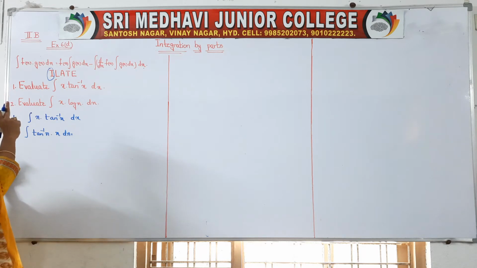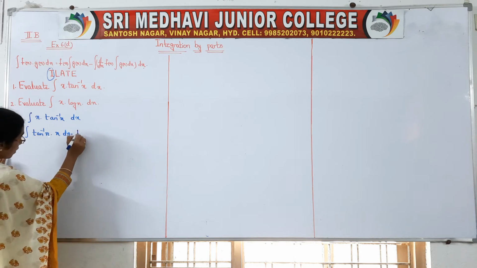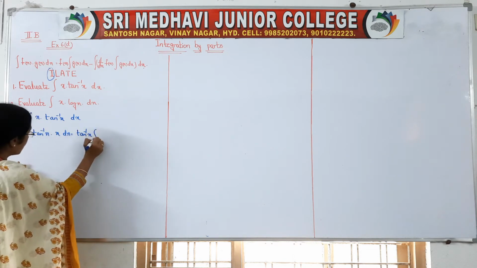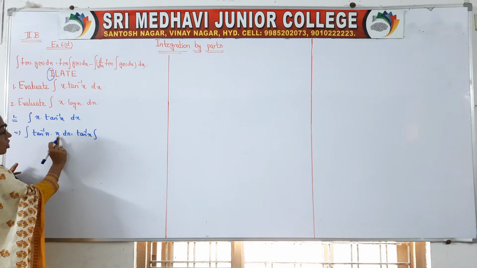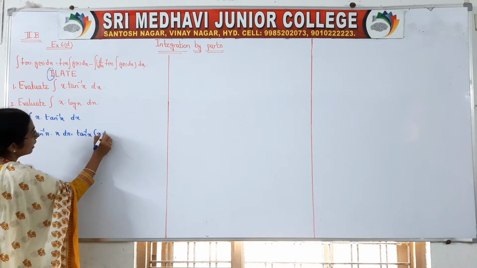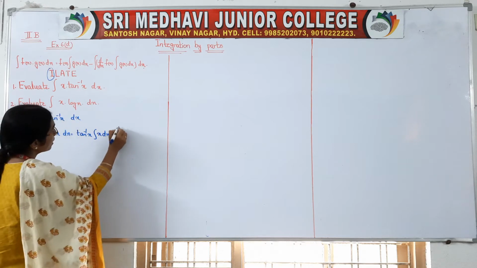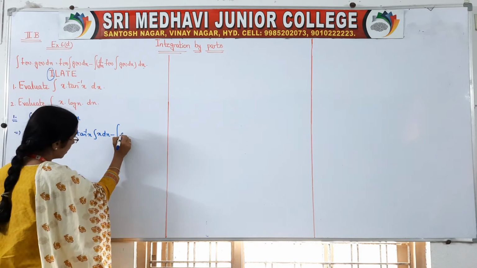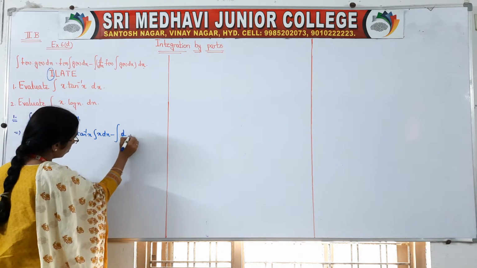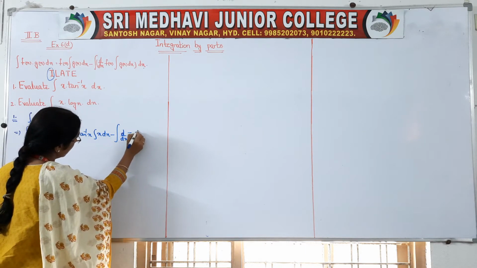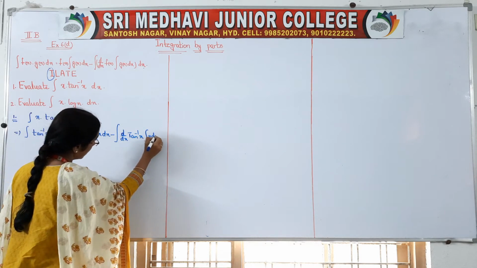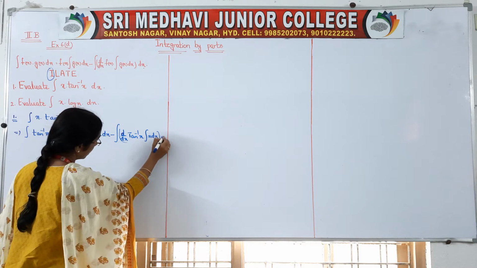Integral f of x into g of x dx is f of x, that means tan inverse x, into integral g of x dx, that is x dx, minus integration of d by dx of f of x, that means d by dx of tan inverse x, into integral x dx, whole dx.